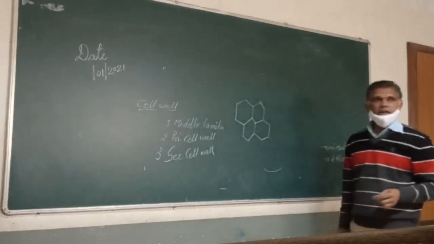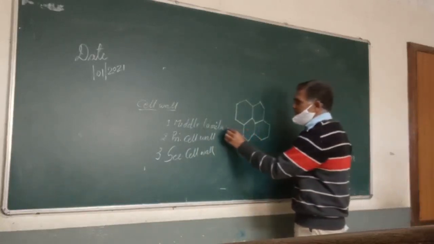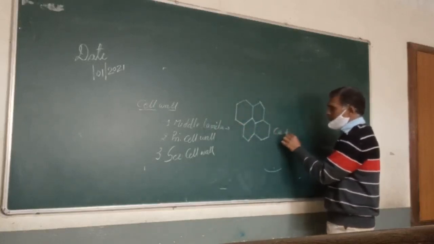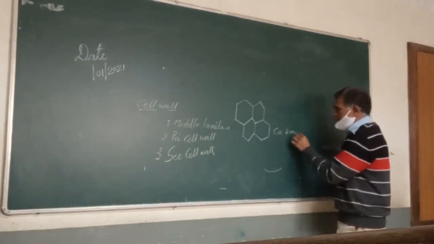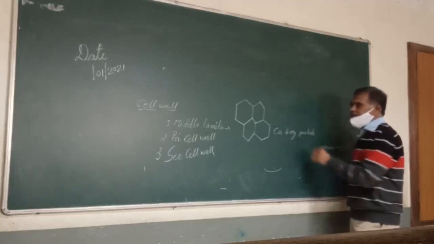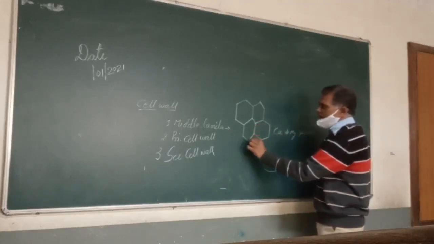Three types: middle lamella, primary cell wall, and secondary cell wall. Middle lamella is made from calcium and magnesium pectate. It is the innermost layer between two cells. It works as a cementing layer.